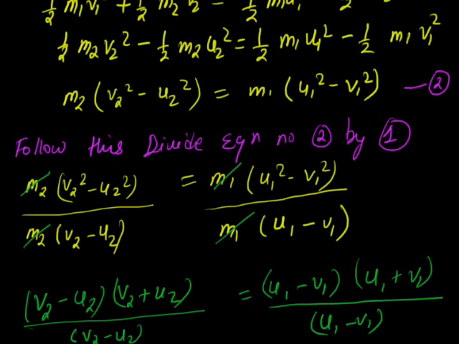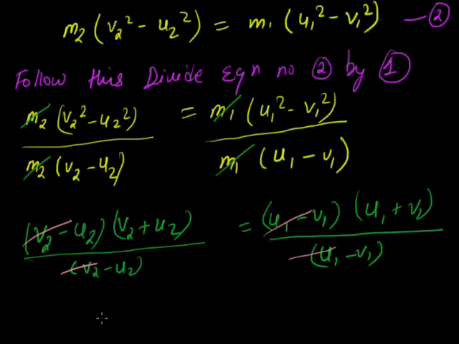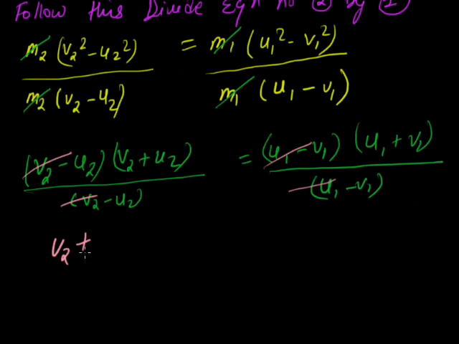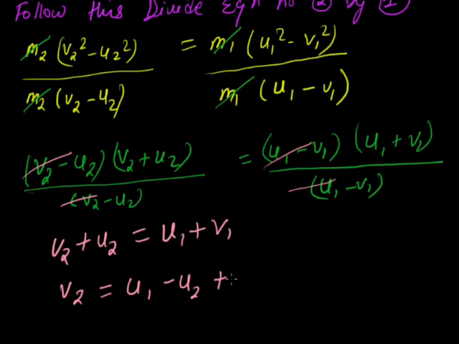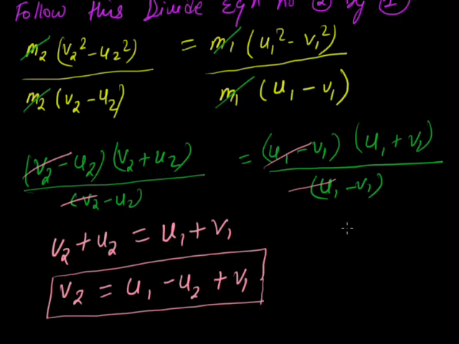So these two quantities get cancelled, and this also gets cancelled. So we get only v2 plus u2 is equal to u1 plus v1. So v2 can be written as u1 minus u2 plus v1. This is the value of v2, and we named it equation number third.